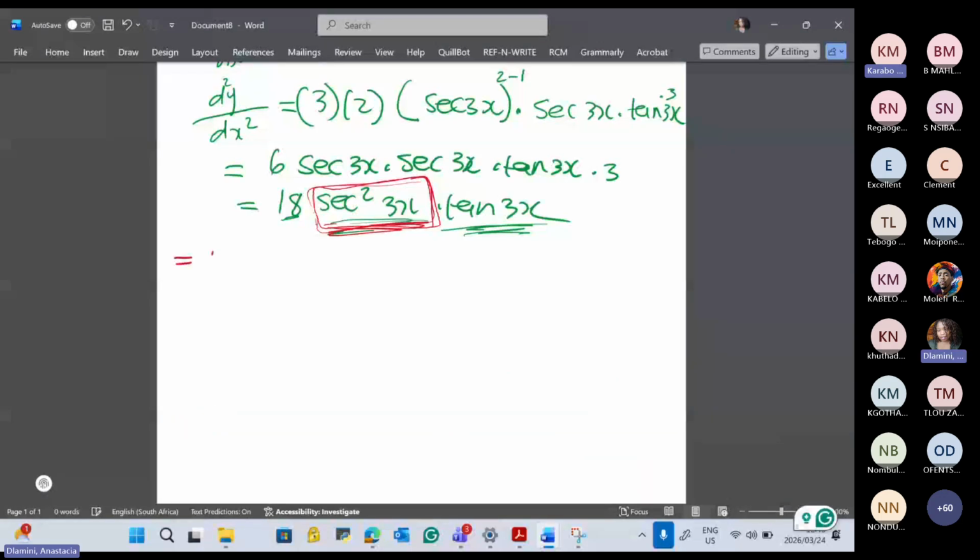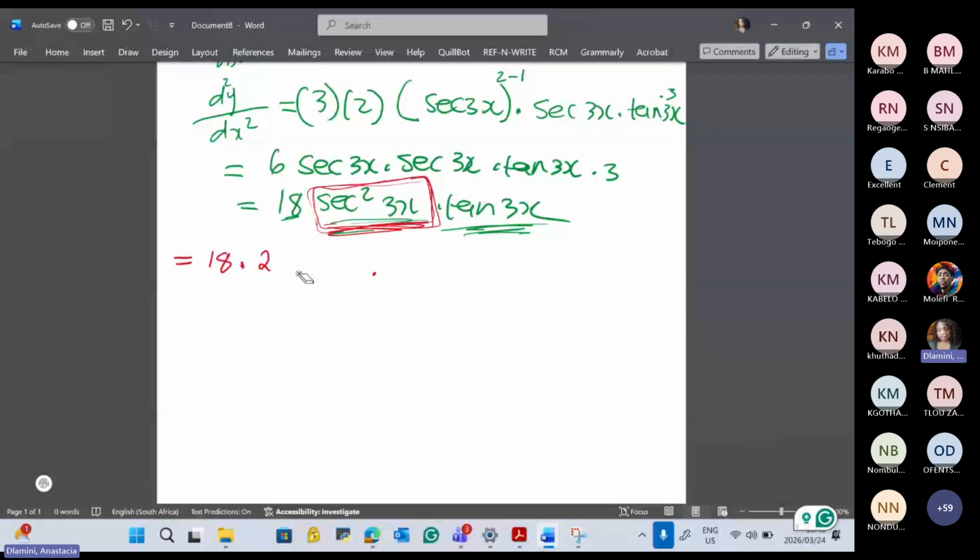So it's 18 times, let's differentiate sec. We agreed it will be 2 times sec 3x times the derivative of sec 3x. You don't go there first. You come back to sec 3x alone. The chain rule.